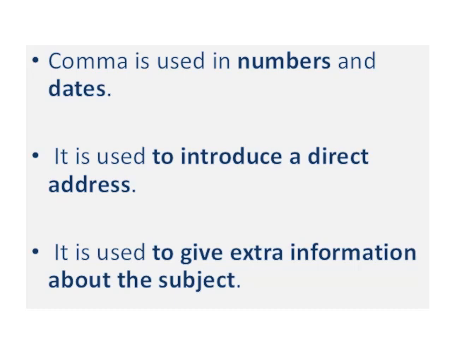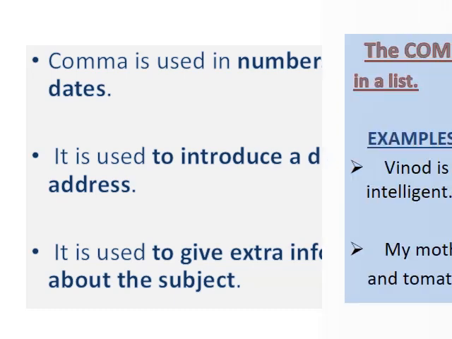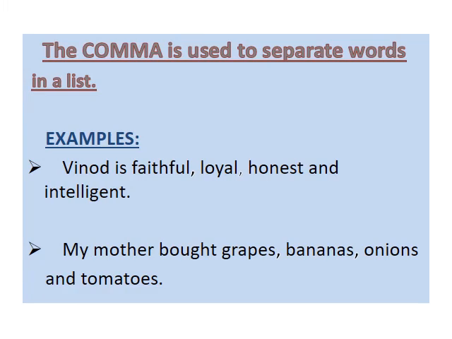Students, when we need to give some extra information about the subject, we use comma there too. There are some examples on the screen that show how the comma is used to separate words in a list. Vinod is faithful, loyal, honest and intelligent.